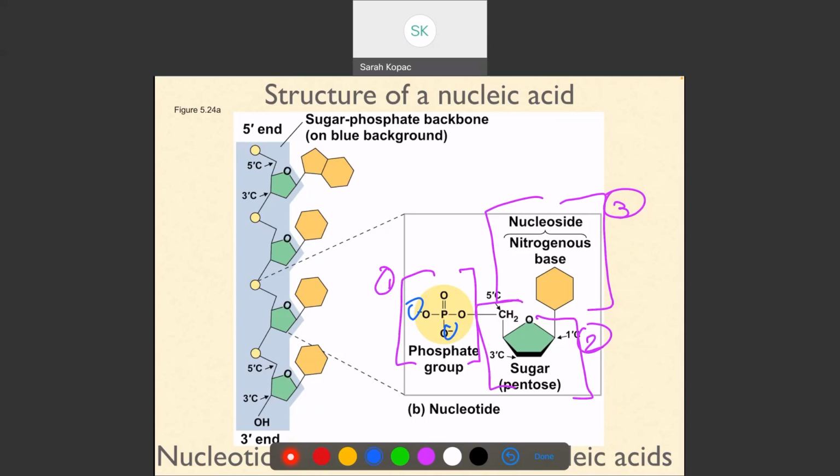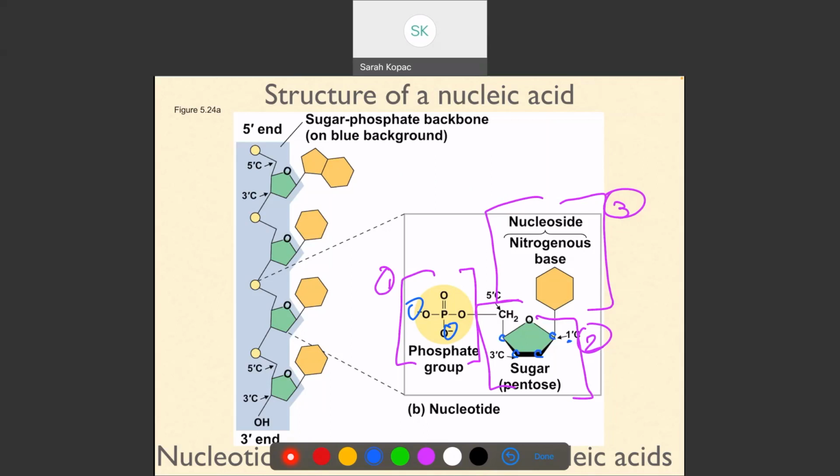Then we have the sugar group here, and I want to point out that the carbons are actually not written in here. So this molecule has 5 carbons, and in order to count them, I suggest writing them in.